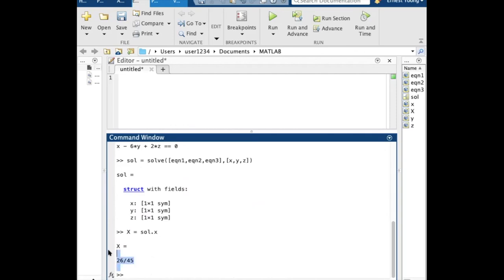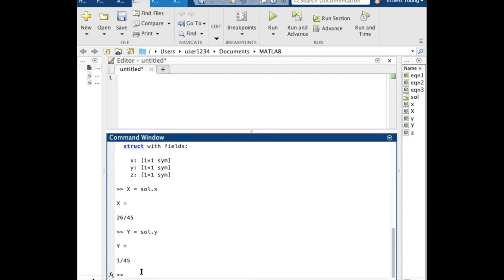Then I got my answer. My y is equal to solution.y. My answer z is equal to solution.z. How can I find my answer in decimal places instead of exact form? You can put double, my x here. Yeah, put double for decimal, double y. And again, double z. So I can get my answer in decimal.